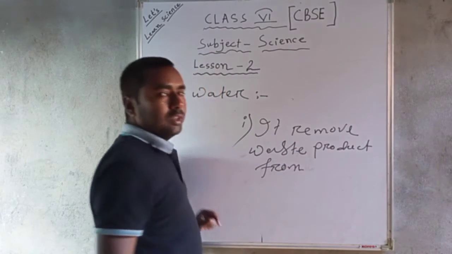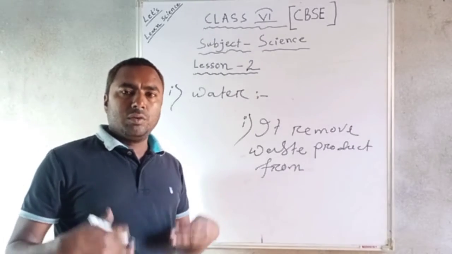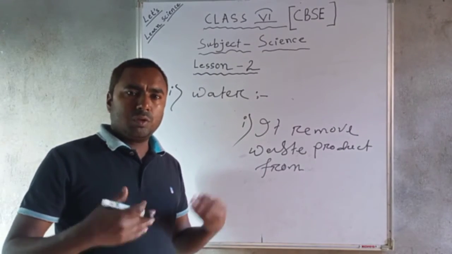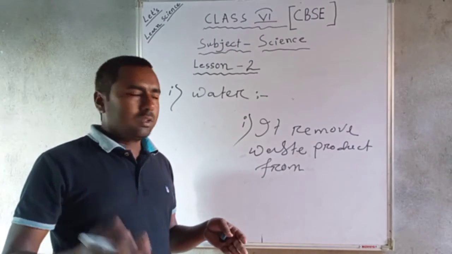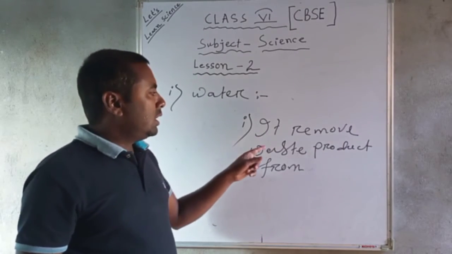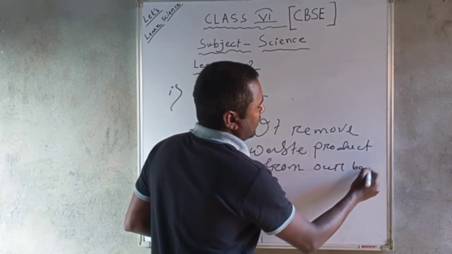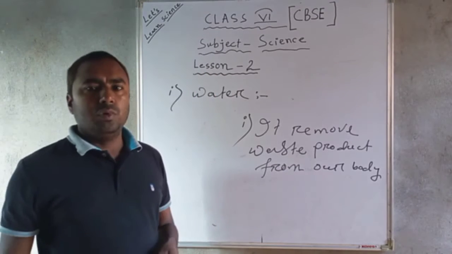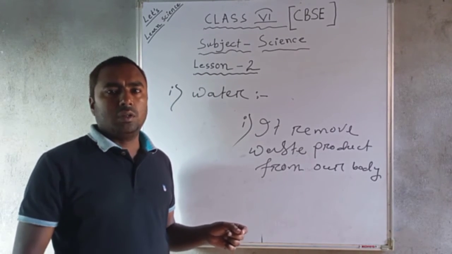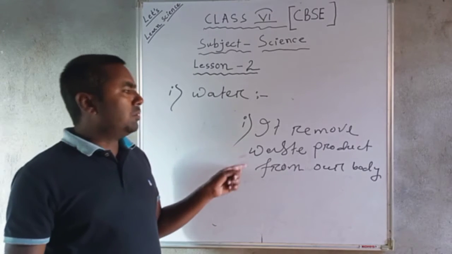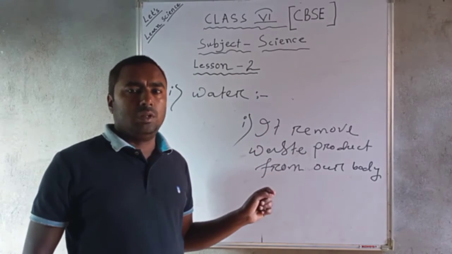When I eat food, it is digested, and after the digestion, the useful substances which are required for our body are absorbed by the blood, and the part which is not required for the body is called waste product. So it removes waste products from our body. For example, urine and sweat are waste products produced in our body, that are eliminated from our body with the help of water.